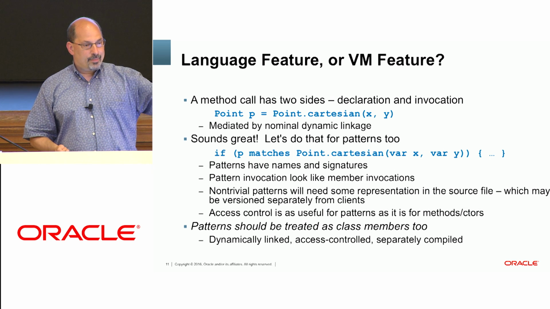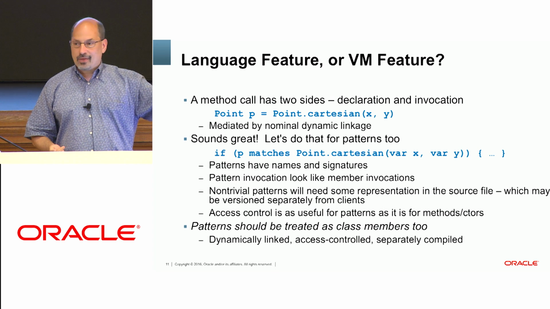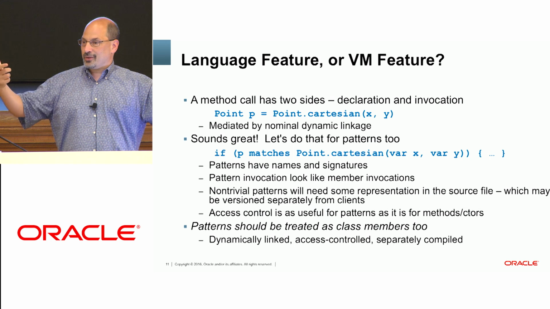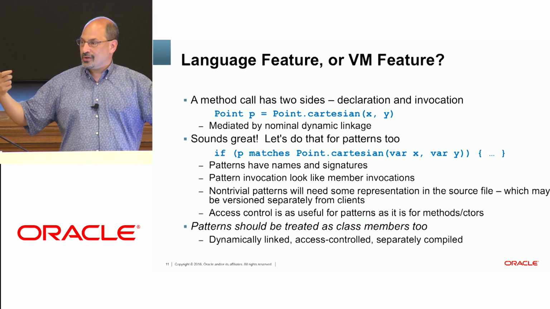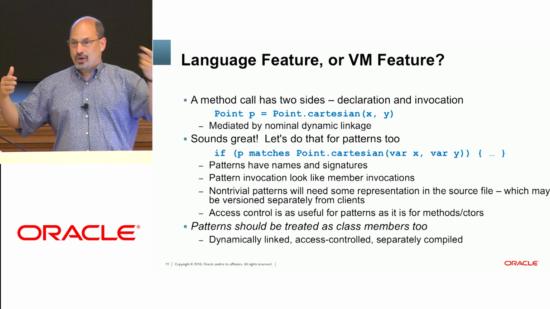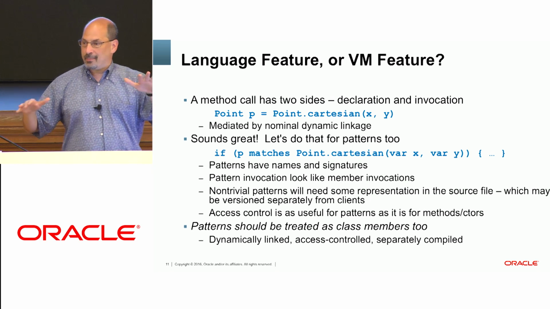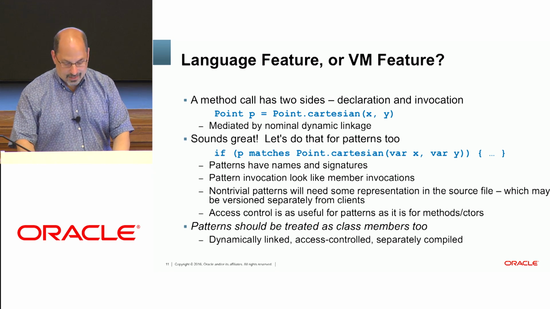So the call site says, here's the method and descriptor I want. The declaration says, I'm a method with this name and descriptor, and at the first call, the VM looks for the method, matches the parameters up, and links them.